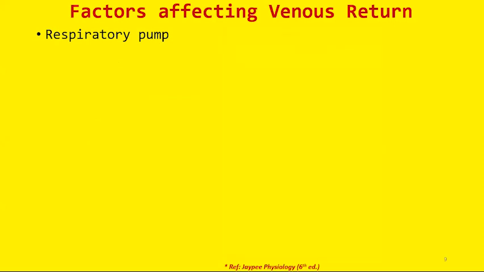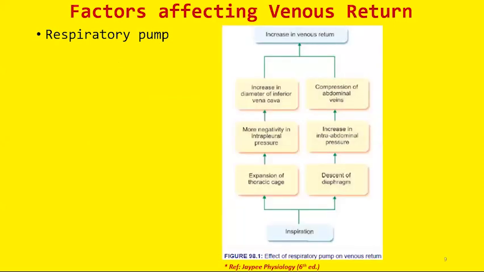Now, what is respiratory pump? When you respire or inspire. So, what happens during inspiration? So, during inspiration, the diaphragm moves, the diaphragm lowers, and this will compress the abdominal structures. This will compress the abdominal veins, and compression of abdominal veins will increase the blood into the right atrium, will increase the venous return.